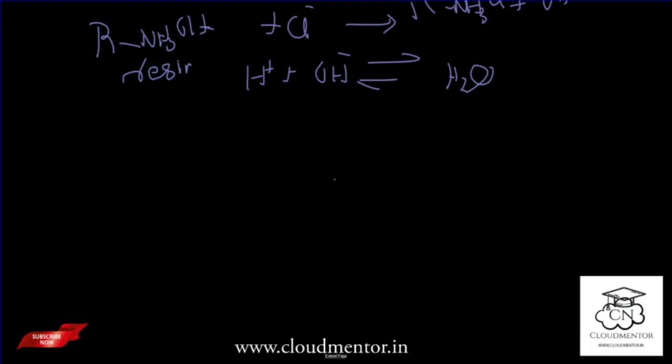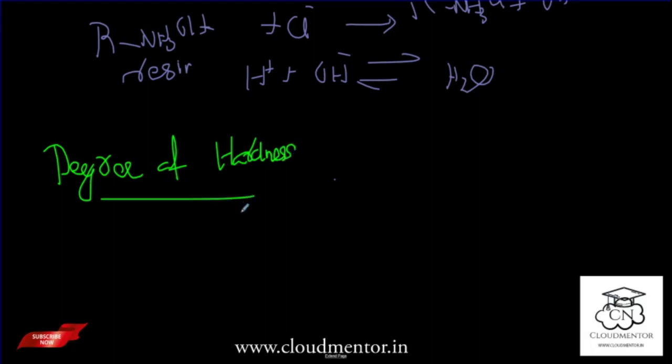And what is the degree of hardness? The degree of hardness is a measure of the quantity of calcium or magnesium salts in a certain volume of water and is defined as the number of parts by mass of calcium carbonate equivalent to the various calcium and magnesium salts present in a million parts by mass of water.